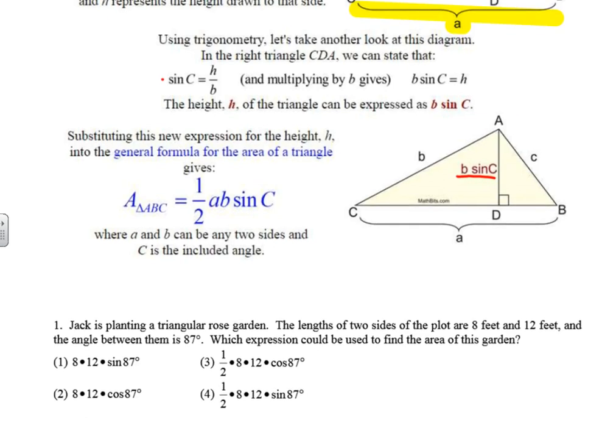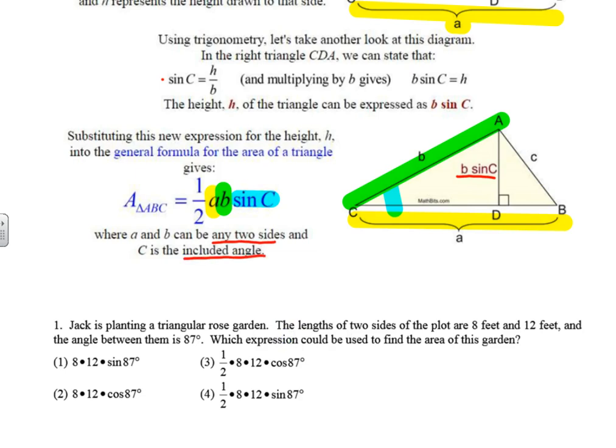Now let's get clear on what each of these letters means. In 1/2 A B sine of C, A is this side, B is this side, and sine of C is the angle that is included. It always has to be the included angle. So any two sides and the included angle.